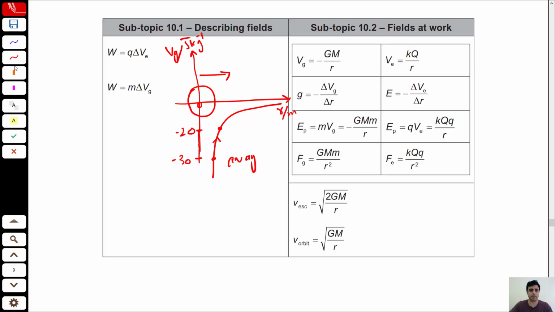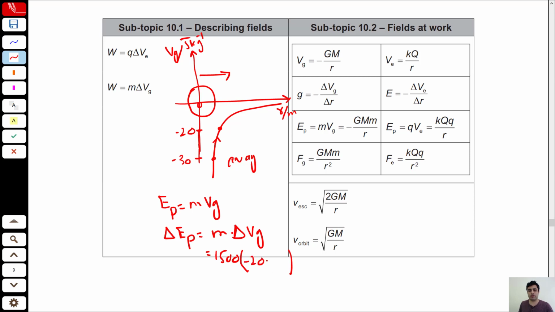Okay, so let's use this equation here. Gravitational potential energy is equal to mass times gravitational potential. So the change in gravitational potential energy equals mass times the change in gravitational potential. Our mass, I remember, is 1500, and the change is final minus initial.